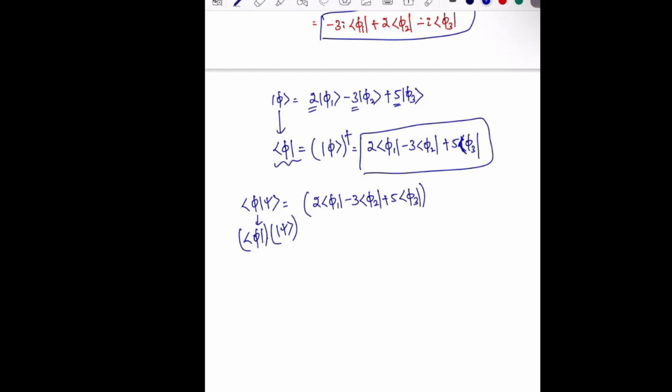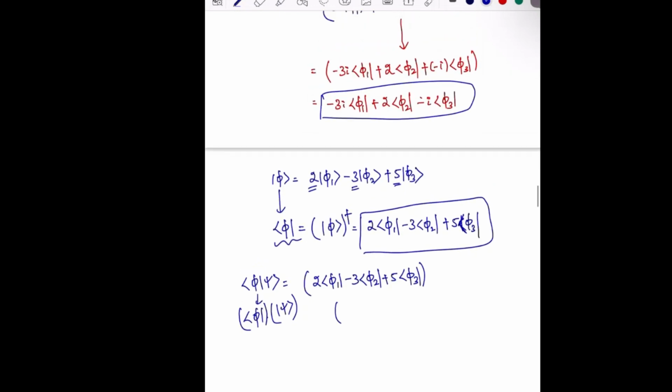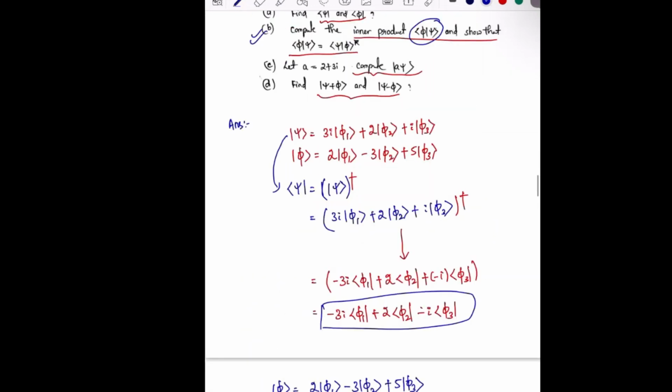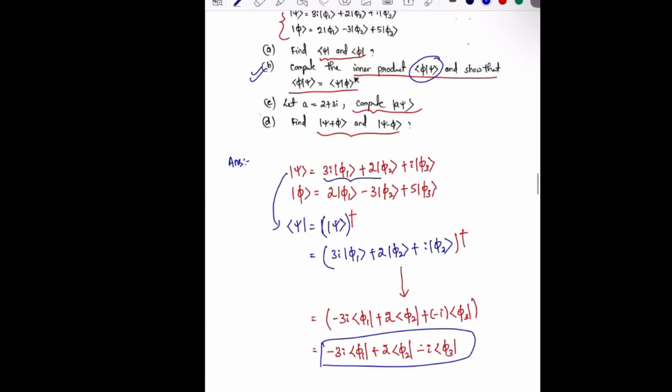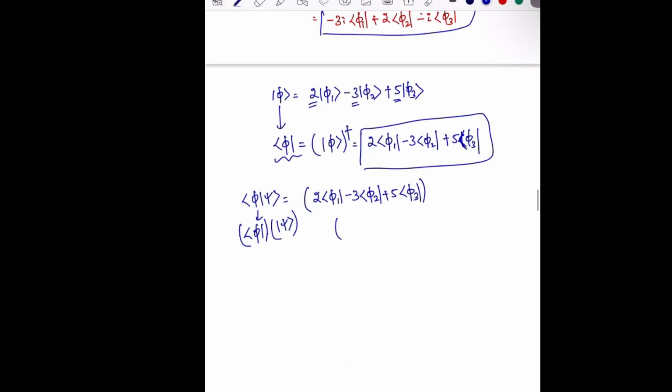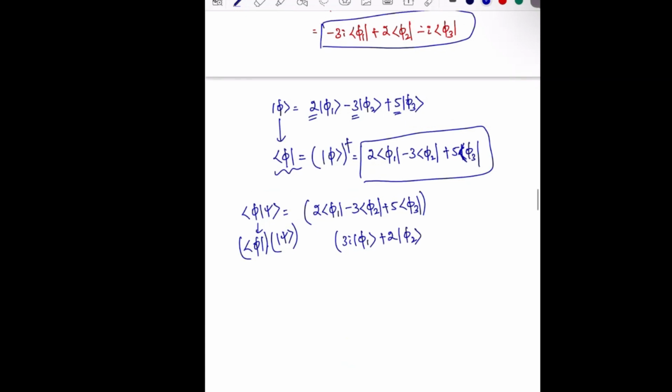While writing the step, be careful of the sign. So psi is 3i phi 1 plus 2 phi 2 plus i phi 3.